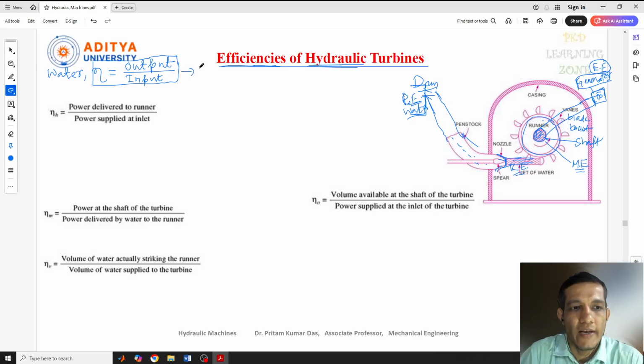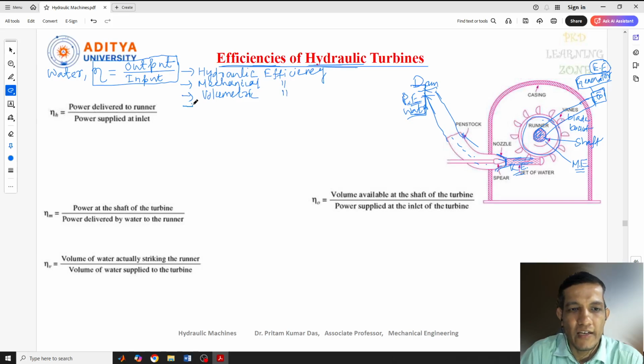The first one is hydraulic efficiency. The second one is mechanical efficiency. The third one is volumetric efficiency.